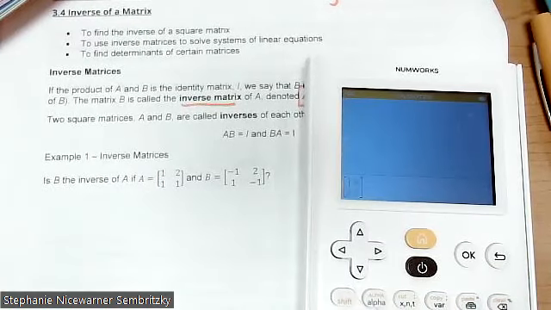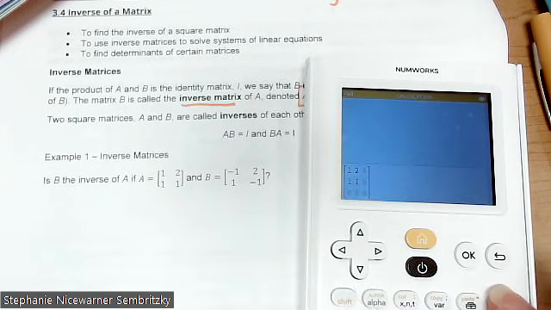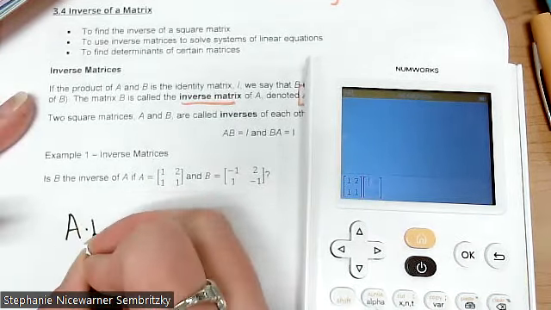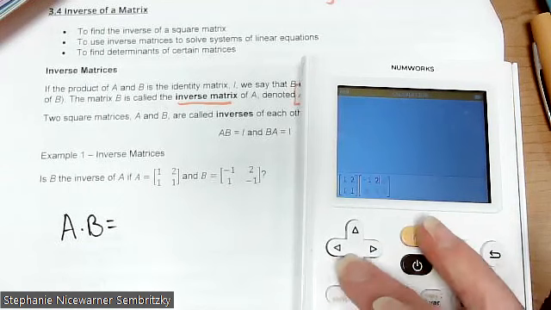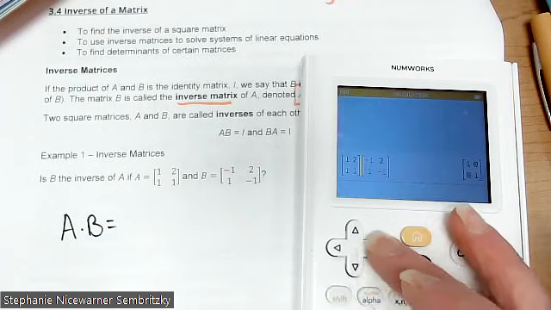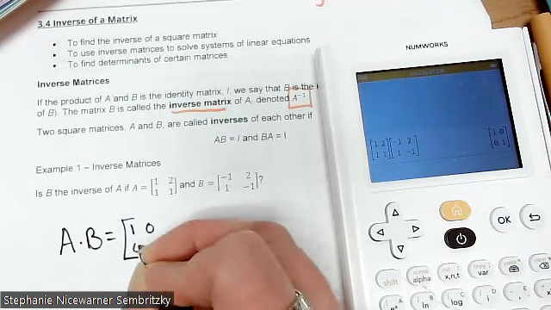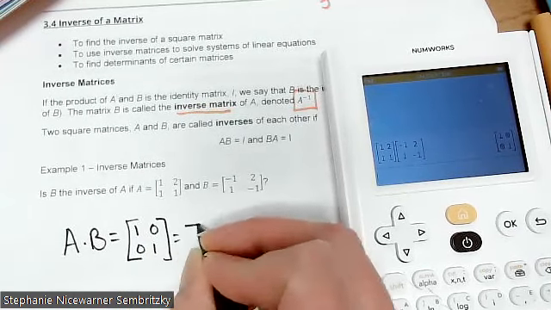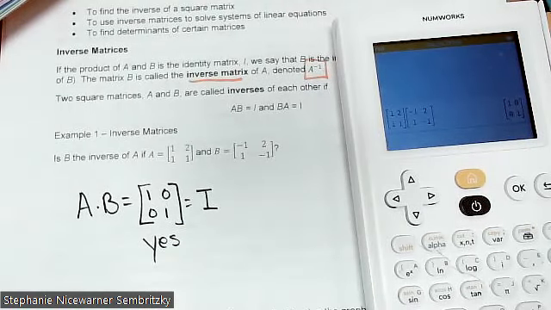So I'm going to go to matrix A, and then I'm multiplying that by matrix B. So we're multiplying A times B. I'm going to see what we get. And it indeed gave me 1, 0, 0, 1. So that is an identity matrix I.